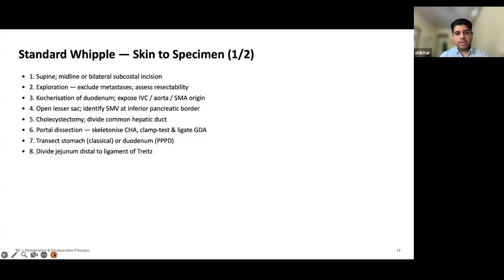We can start the tunneling from the inferior border of the pancreas over the SMV, and once this inferior tunnel has been done, we shift to dissection towards the HDL.